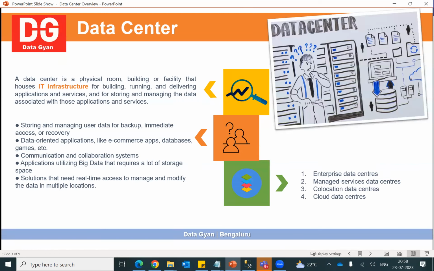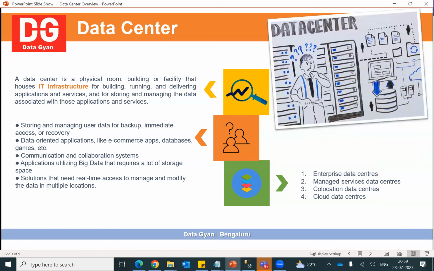Then you have four different types mainly. An enterprise data center is something a company owns, for example, Amazon. Amazon has its own data center where they have their own servers, own storage, all infrastructure, and for the operation they also have engineers, and different people for different servers.